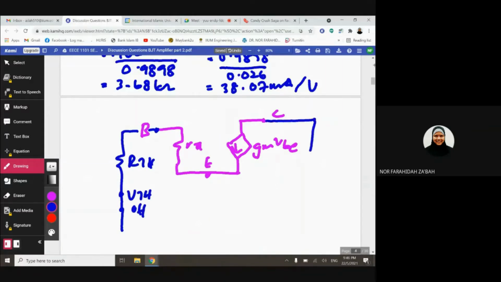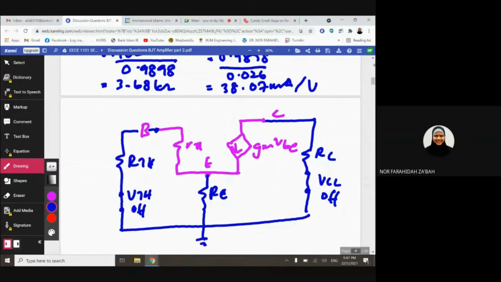Then my C is connected to RC, and again this is my VCC turned off. Your E is connected to RE, then to ground. The output is measured at the collector. So that's the AC equivalent. Your VBE is the voltage across your R pi, and this is your VI. So take note, VBE is always the voltage across R pi, and VI is the voltage from base to ground.